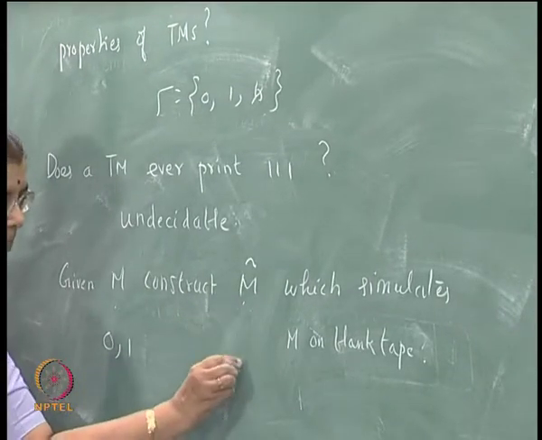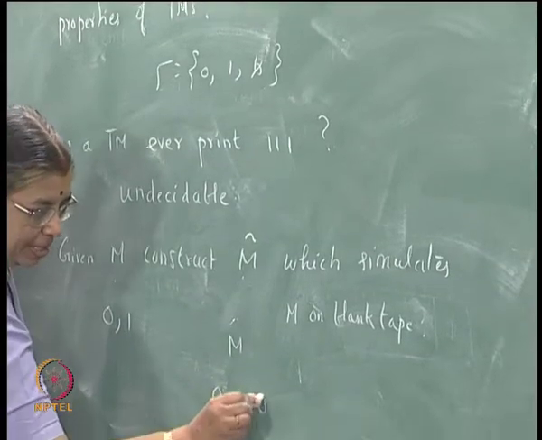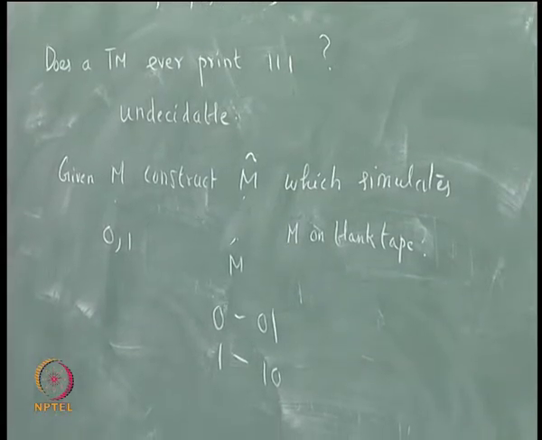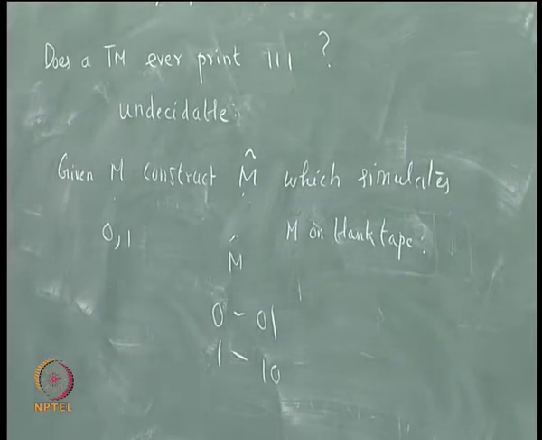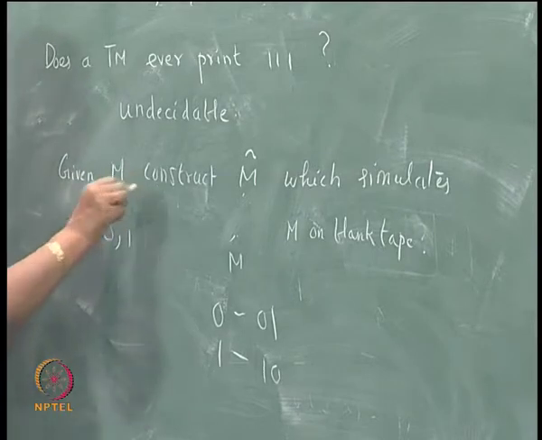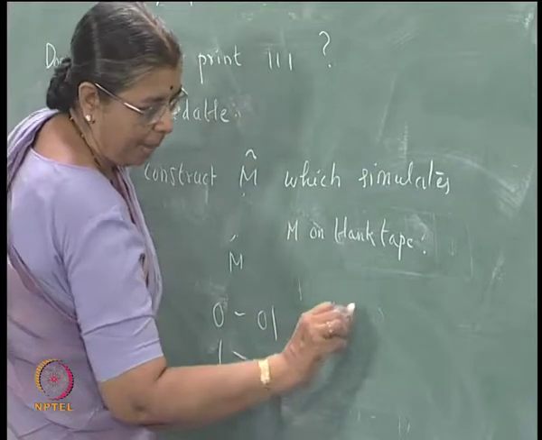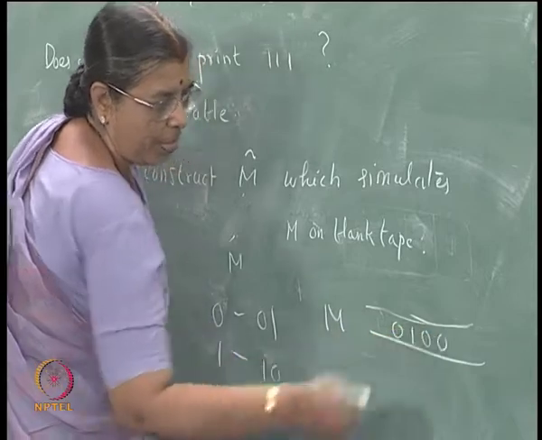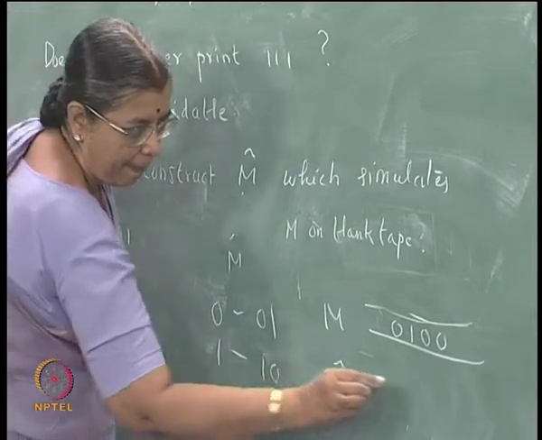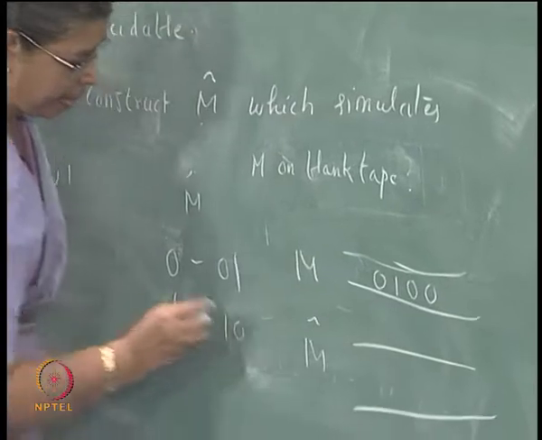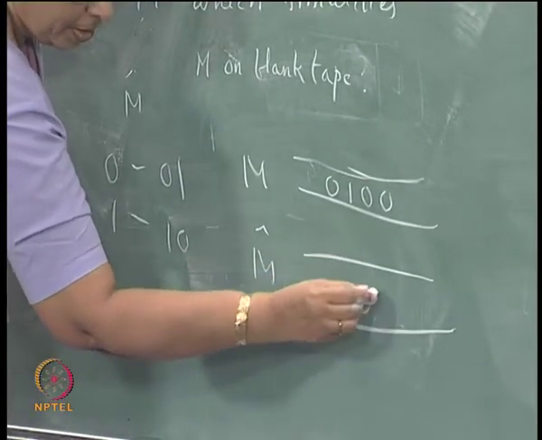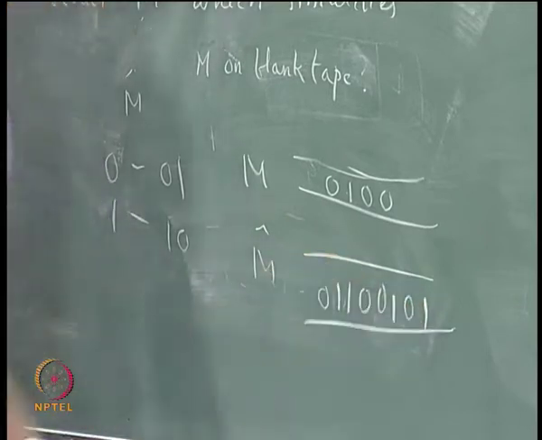For M cap, 0 is represented as 0, 1 and 1 is represented as 1, 0. So, suppose in M at some stage I have the tape 0, 1, 0, 0. In M cap I will have the tape 0 represented as 0, 1, 1 represented as 1, 0, 0, 1, 0, 1.